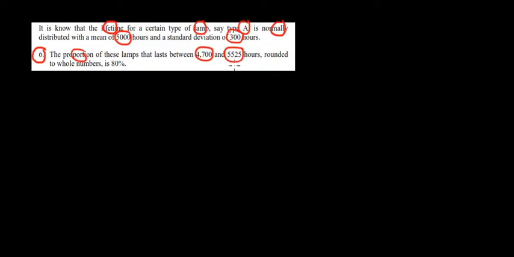So let's draw this distribution and work with it. We have a normal distribution for the lifetime of the lamps with an average of 5,000 hours, and the standard deviation is 300 hours.